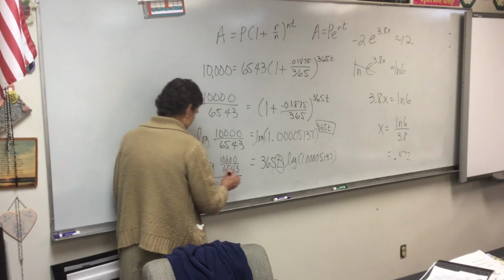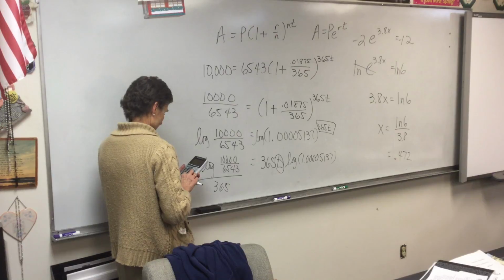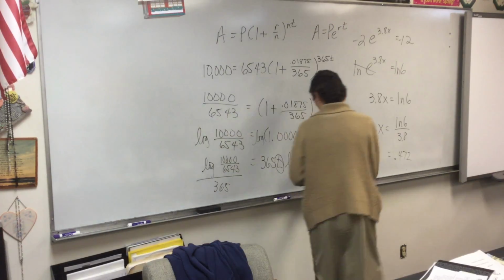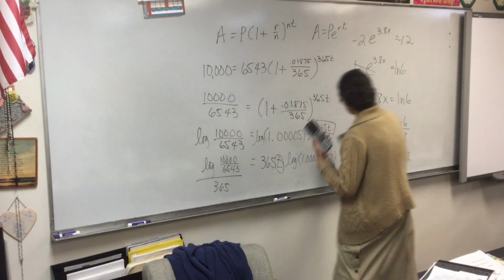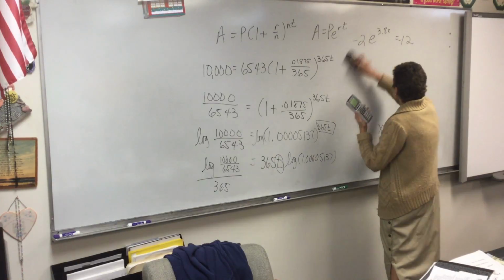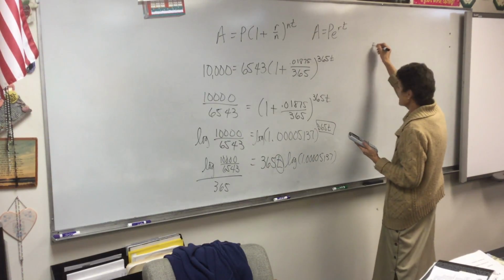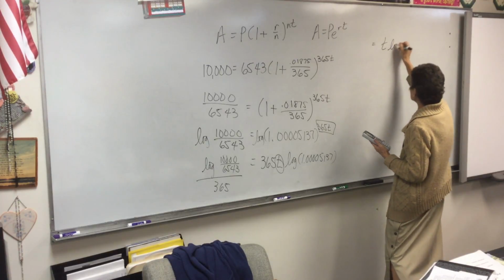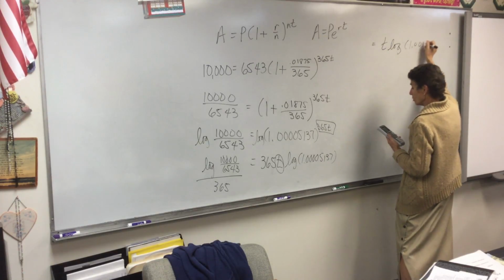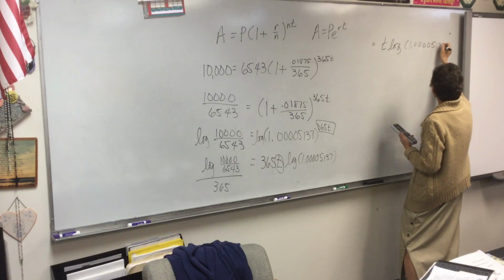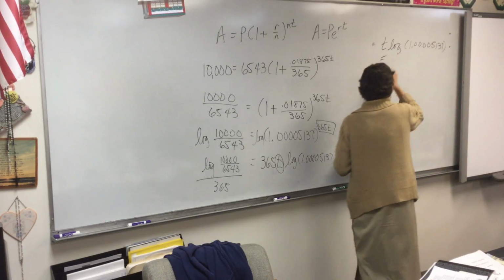Okay, so I'll divide by 365. Don't worry about what shows up on the screen. Just leave it there. So now that equals t log 1.0005137.